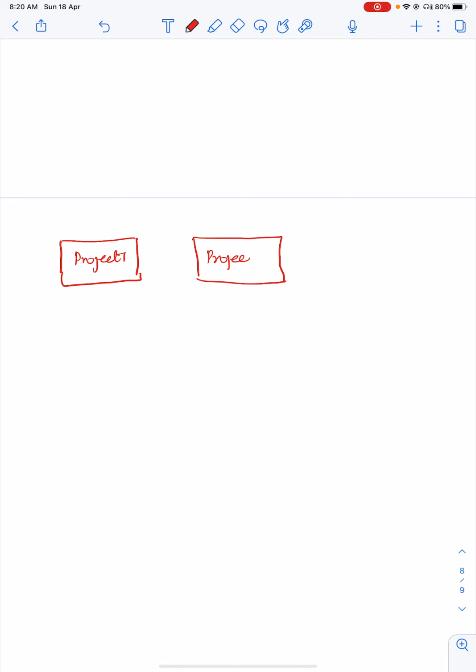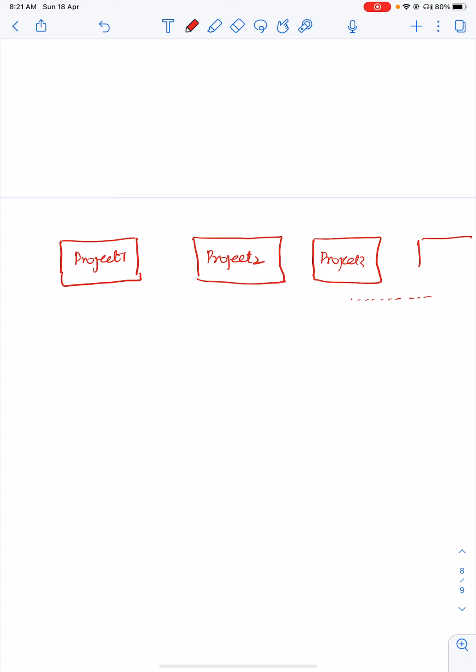Now, unlike that, process based organization will not have departments. Instead, we have certain projects. Project 1, project 2, project 3, like that.